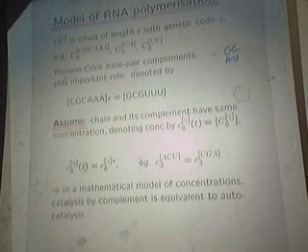Okay, so that was an example of using the Becker-Döring equations to model the formation of those very small cell-like structures, which we will return to RNA polymerization.